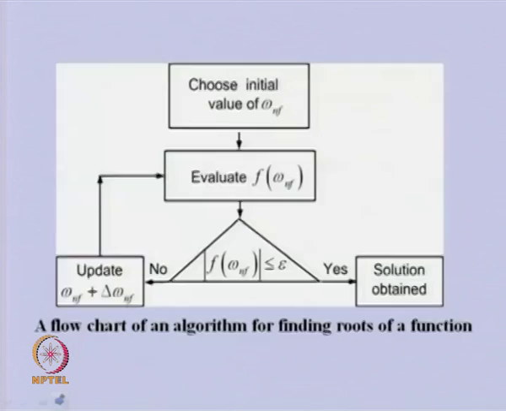This can be illustrated through this particular flow chart: we assume some initial value of the natural frequency, estimate the frequency equation value, and we see whether it is very small, because numerically it cannot be perfectly zero. If it is very small, then that is a solution. If not, then we need to take another step of the natural frequency, and again evaluate this particular frequency equation.